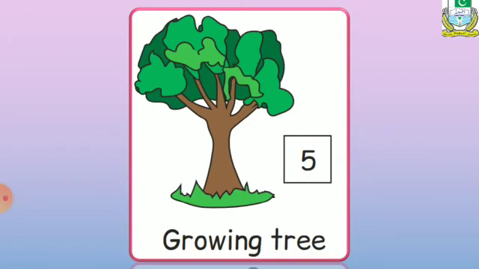Okay, here we are on step 5 and that is we see a growing tree. That is the tree starts growing and growing and growing. So when the tree starts to grow and grow and grow, finally what happens?